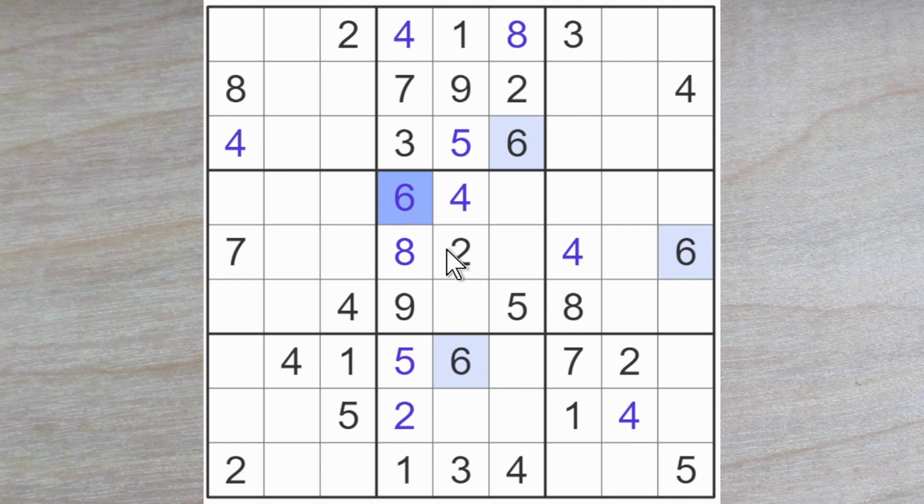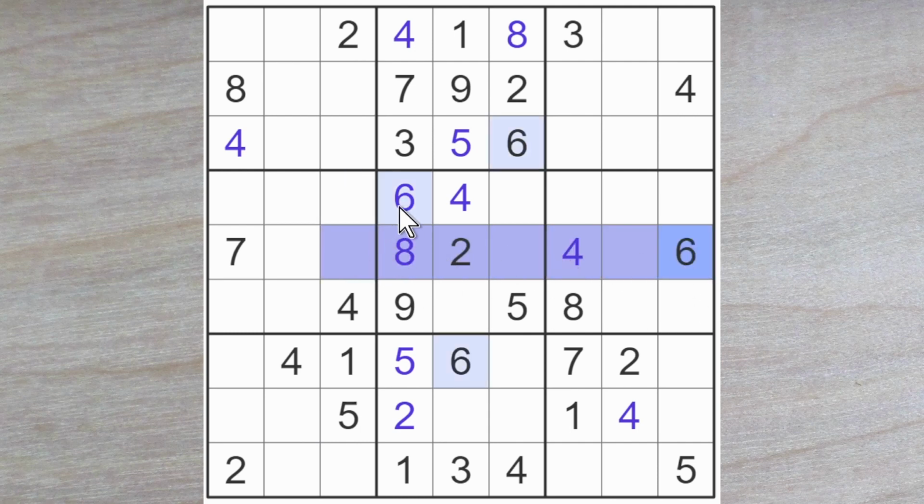The next thing I do is I look down here and I see that these 2 6's block every square here except for these 2. Now I know that one of these 2 squares must be a 6. And that immediately makes me look at these 4 squares because I need to find a 6 for one of these squares.